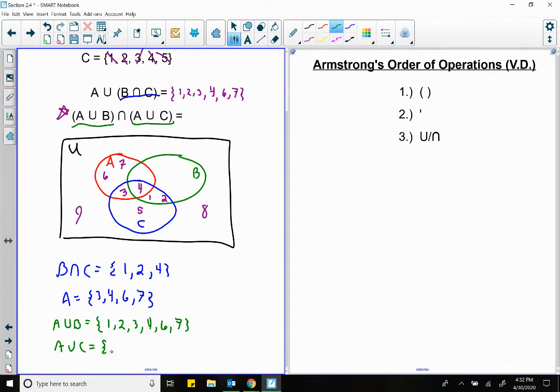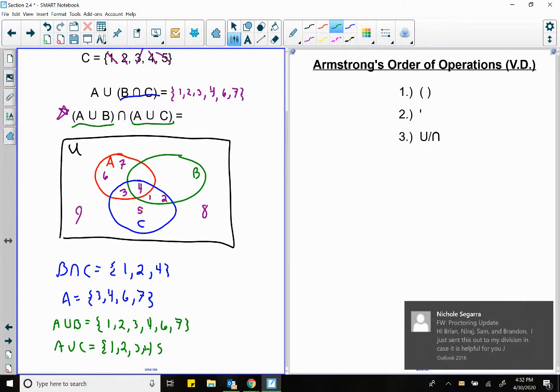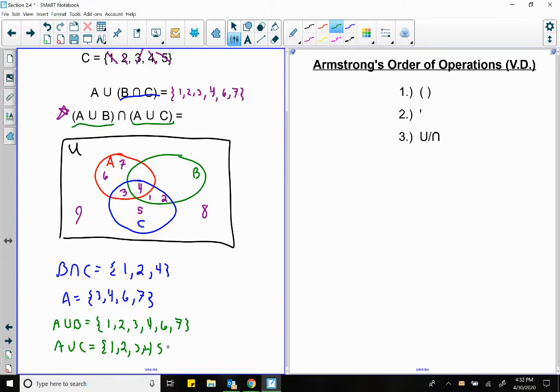So that would be 1, 2, 3, 4, 5, 6, and 7. Because that's everybody in the blue circle, 1, 2, 3, 4, 5, and in the red circle, 3, 4, 6, 7. See, they're all down there.